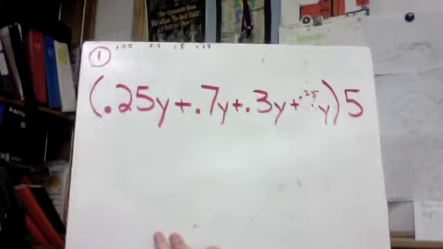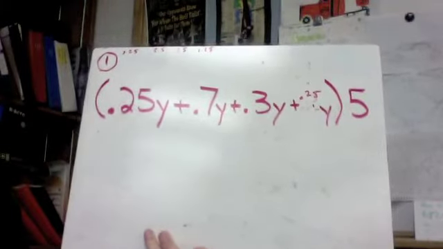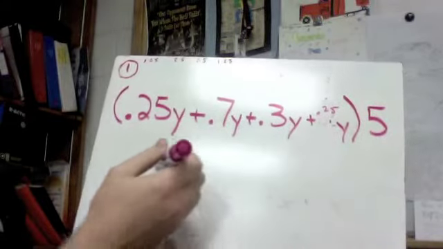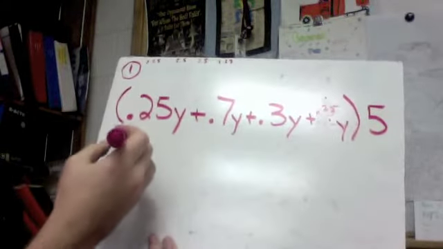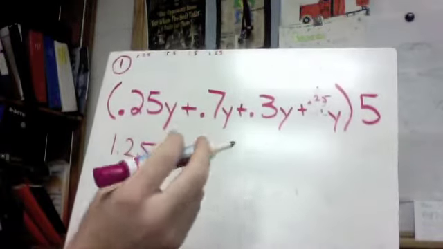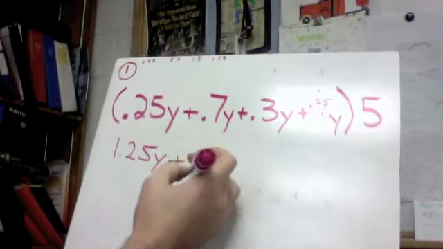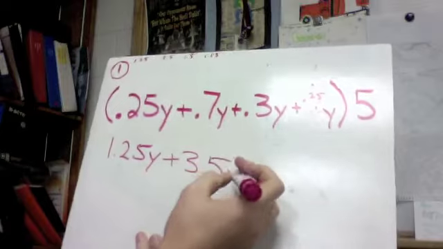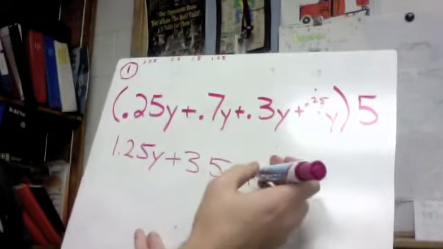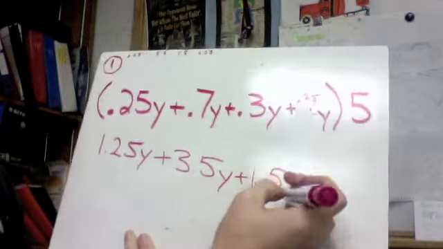You can do this computation-wise. You can use a calculator. It really does not matter to me as long as you can do it. So we would start with 5 times basically everything here. So 5 times 0.25 is going to be 1.25y. 5 times 0.7 is going to be a positive 3.5y. 5 times 0.3 is going to be 1.5y.